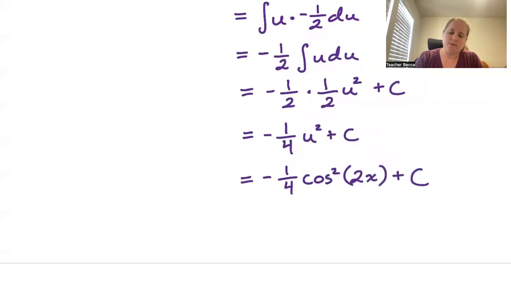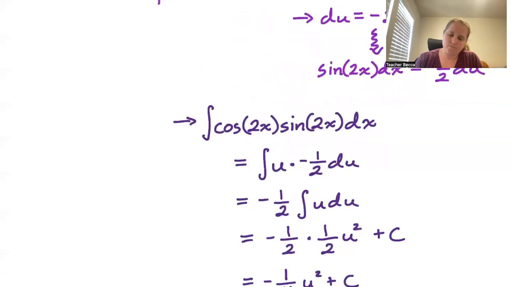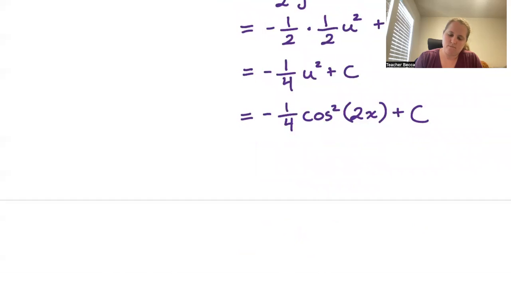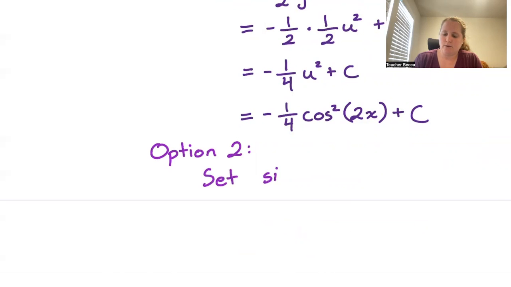Option 2, we would go ahead and set sine of 2x to be our u.